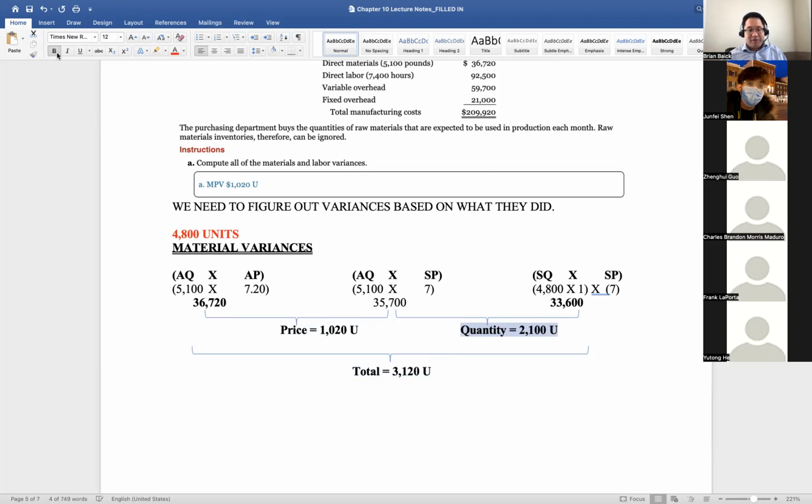Maybe I wasted some of the material, had to throw it out or something. So that accounts for $2,100 of my total variance. With this, you can really analyze what's going on within the organization, because you can figure out your actual cost, your expected or budgeted cost, and then figure out exactly the reasons why there's a difference.